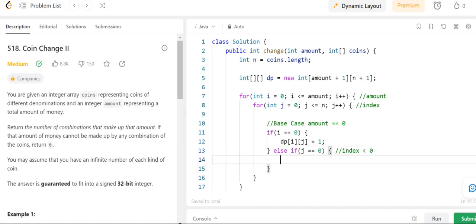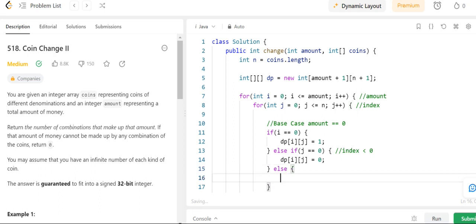So if that's the case, then dp of i, j is equal to 0, right?